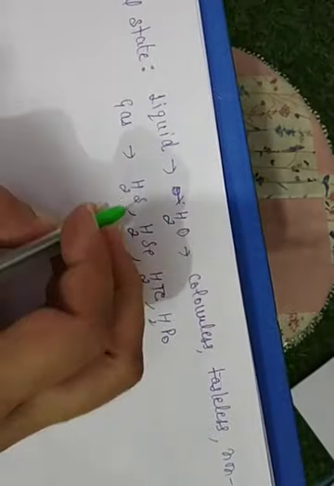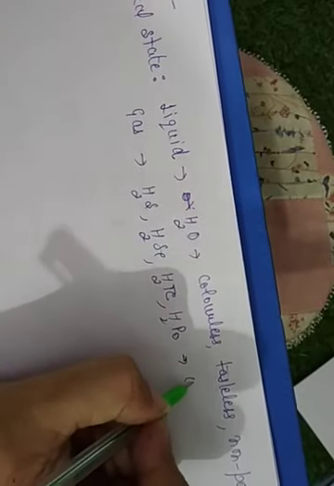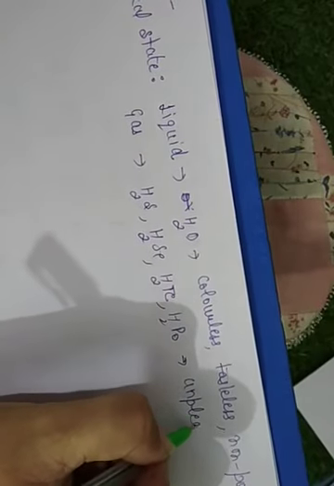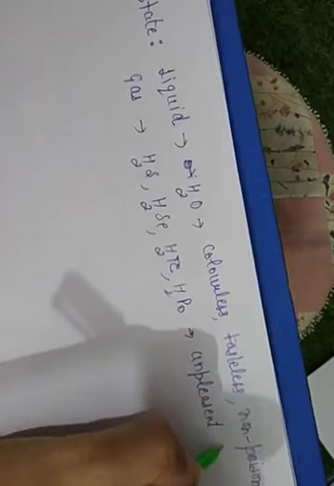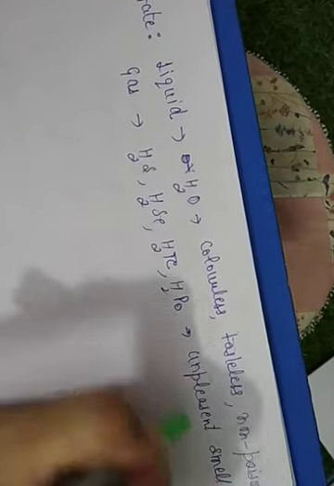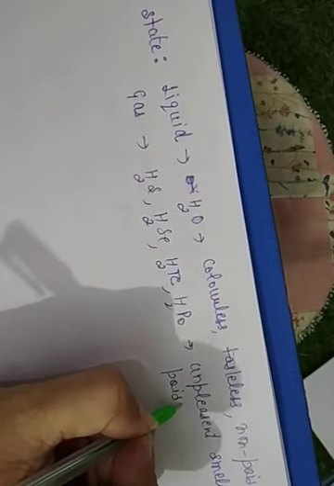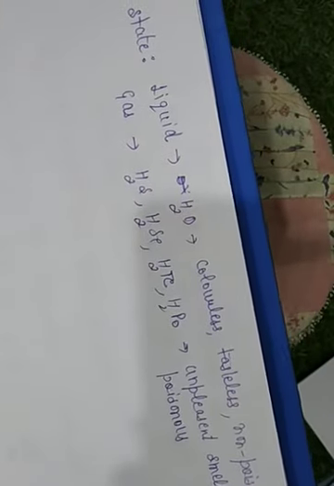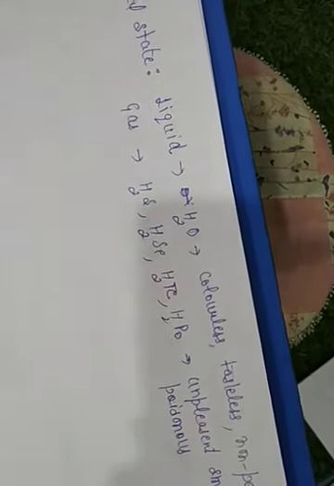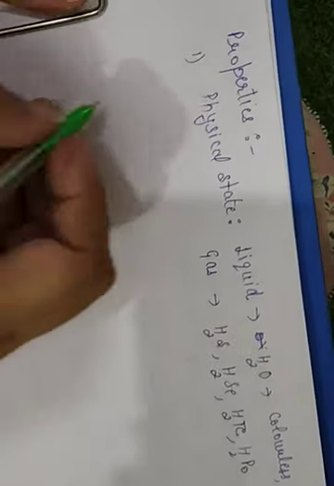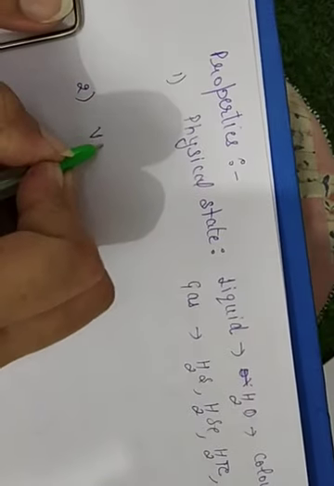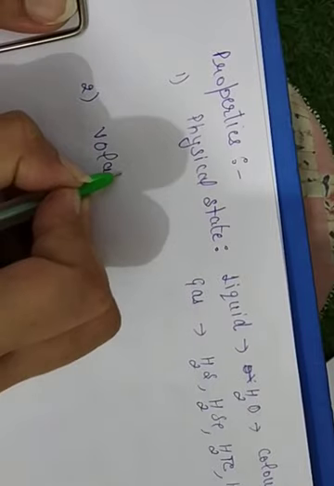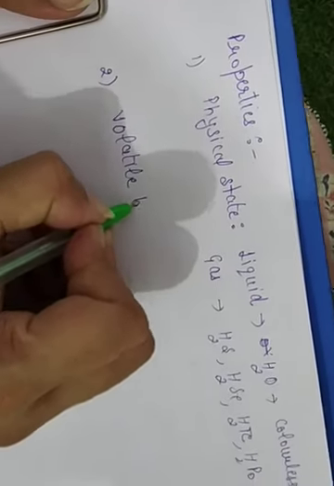It is not poisonous, but the others have unpleasant smell and they are poisonous. These are the poisonous gases. Now next property, a very important property, that is volatile behavior.